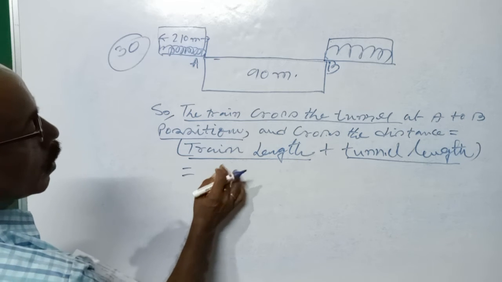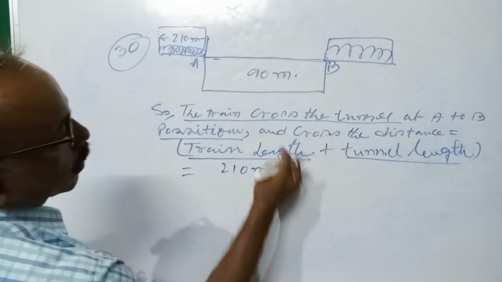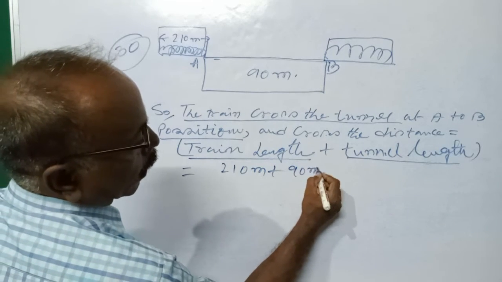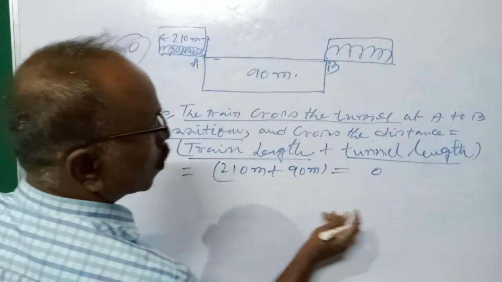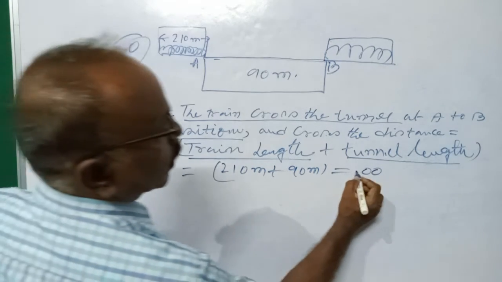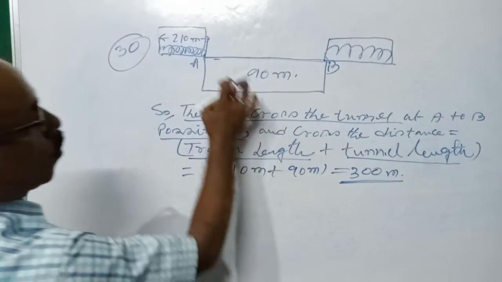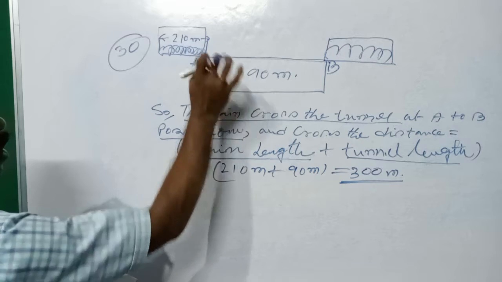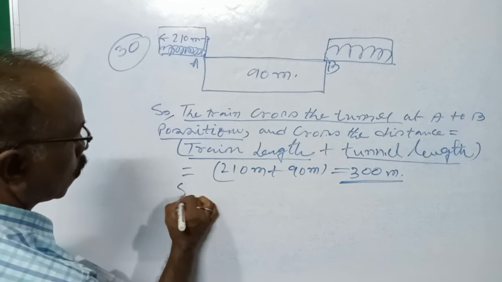The train length is 210 meter plus 90 meter, which is equal to 300 meter. Whenever the train covers a total of 300 meter, it will cross the tunnel. Am I clear?